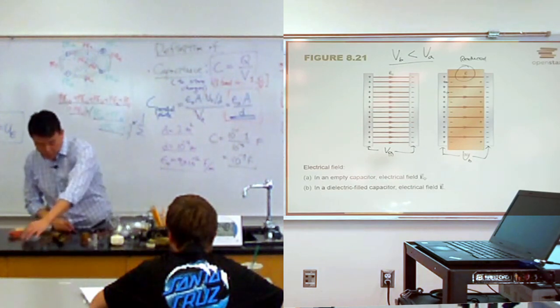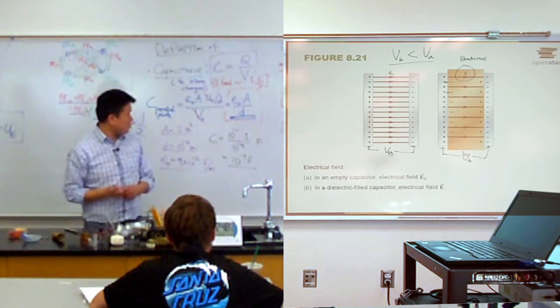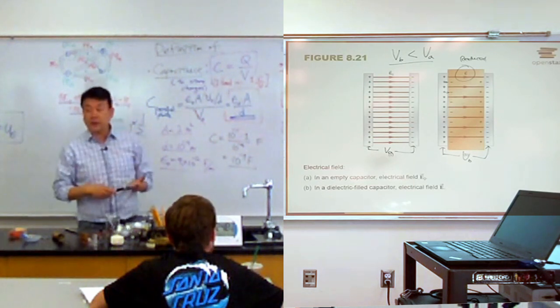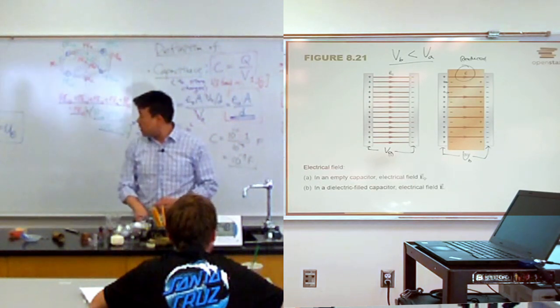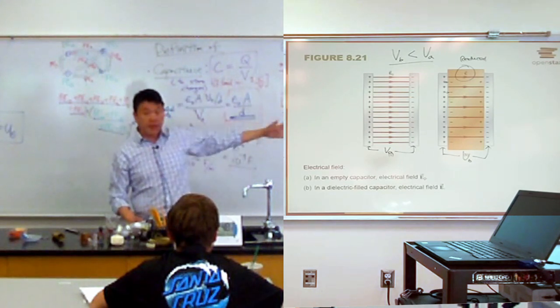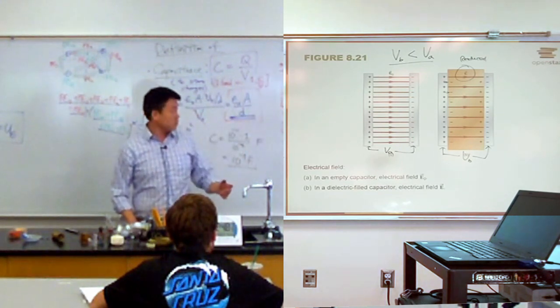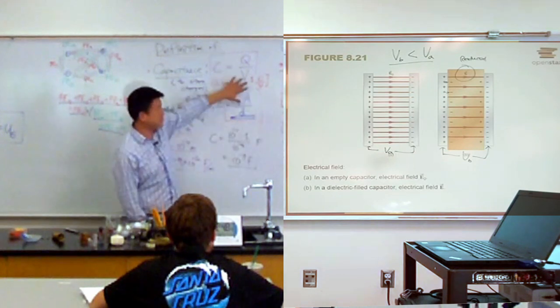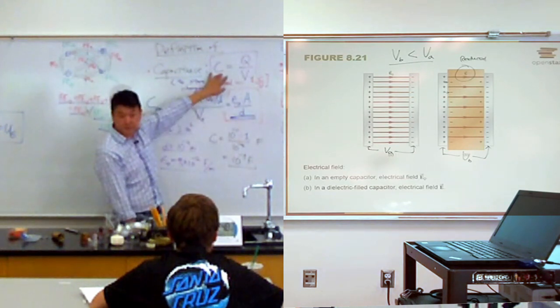So that's one last thing related to capacitors that I needed to go over. Let me just tell you where all this effect of the dielectric enters. Having this dielectric changes all these things, right? It changes the capacitance.